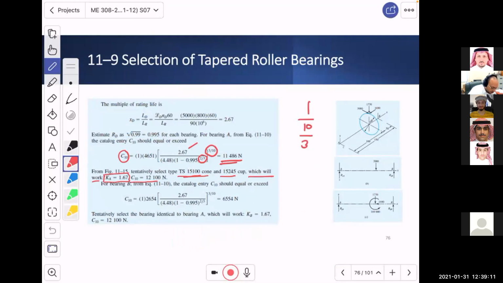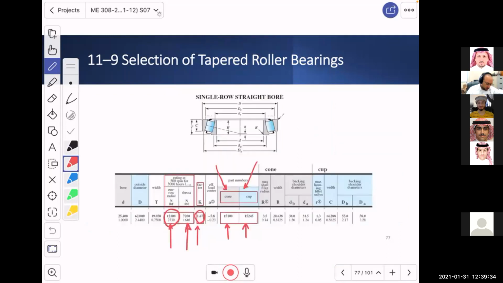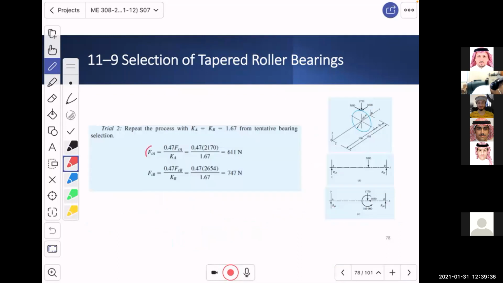So in here, if you see quickly, this is the calculation for bearing B. Of course, bearing B will require less load than bearing A because it does not carry a thrust. And using the same bearing will make it more reliable. That's fine. Now, what we need to do is to go and start from the FIA, because K will change it. Now in here, we were asked to use the same bearing.